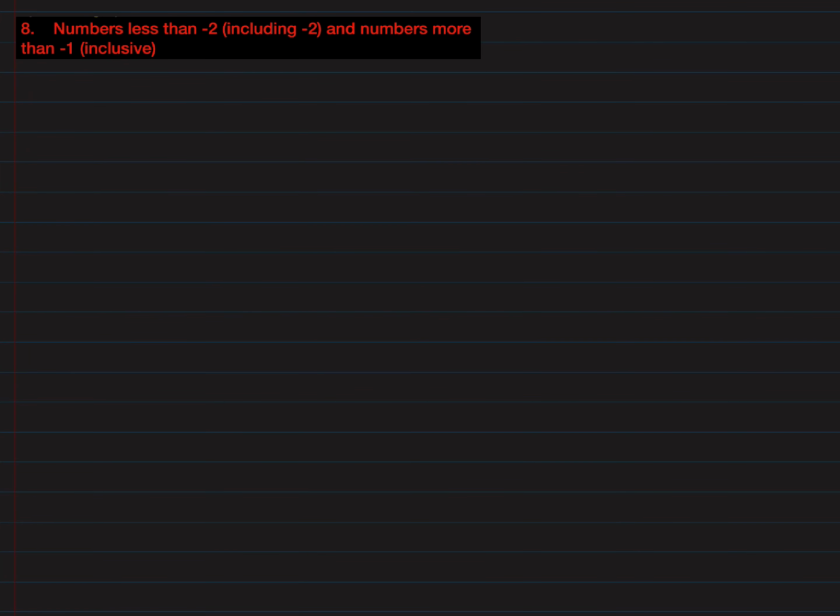For this question, we have numbers that are less than -2, and we're including -2, and numbers that are more than -1, and we're including -1 as well. So we draw the number line, and we have -2 here and -1 here.